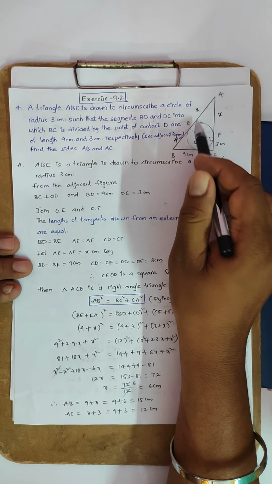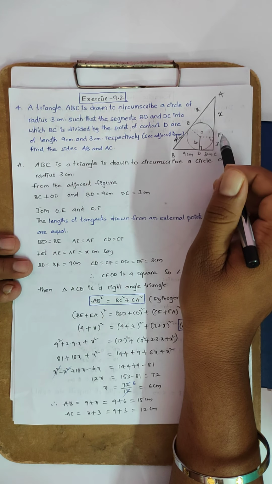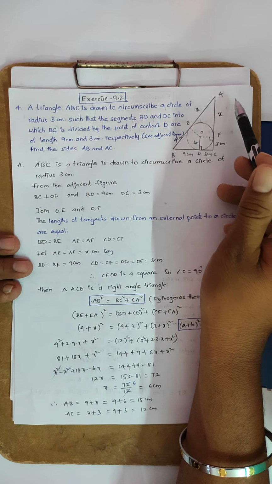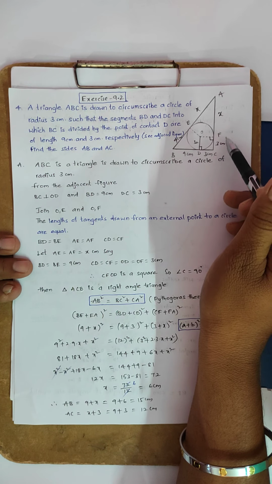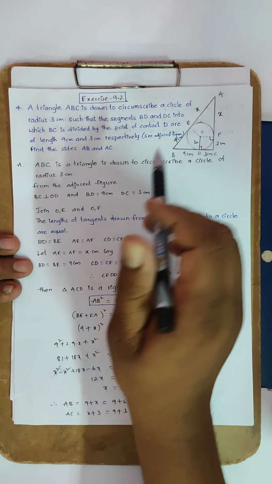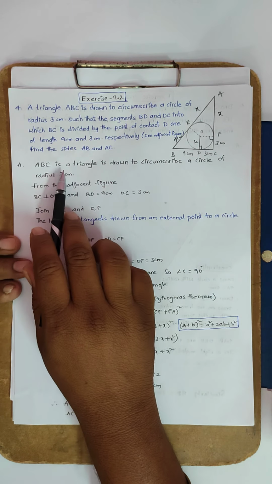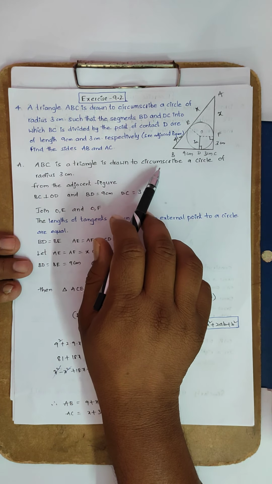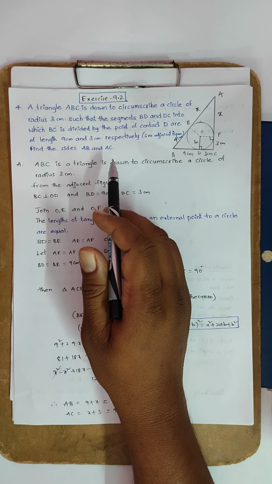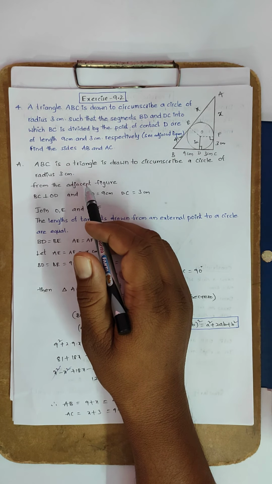See the adjacent figure. In the question itself this figure is given. Find the sides AB and AC. We are asked to find the length of AB and the length of AC. Now the solution. ABC is a triangle drawn to circumscribe a circle of radius 3 cm, as given in the problem.